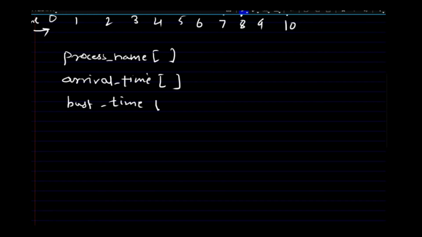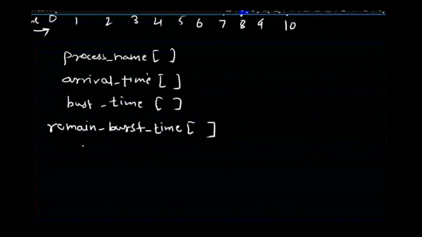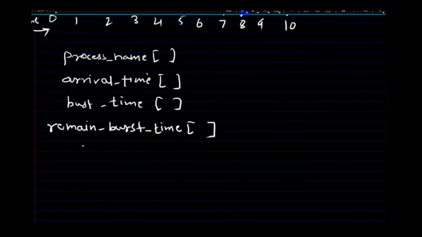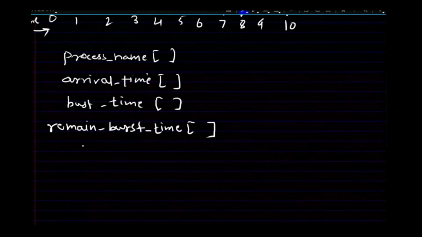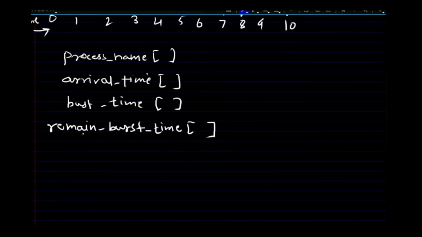And as it is a preemptive algorithm, I have used one more variable for the burst time, that is the remaining burst time, because we have to keep track of remaining burst time. In the round robin algorithm or the preemptive algorithm, a process is not completed at once, it is partially completed. So we have to keep track of how much time that process still has to execute.